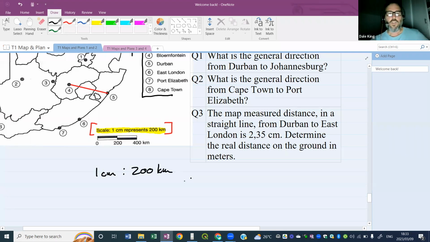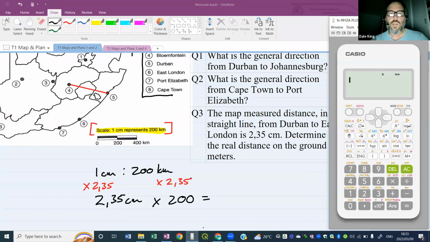I'm going to use this to change from ruler measurement to real world measurement. So I've got 2,35 centimeters. What do I do to that 2,35? Well, I multiplied this by 2,35 to get that. So I'm going to do the same with my 200. I'm going to multiply by 2,35. So I'm going to say 2,35 times 200.